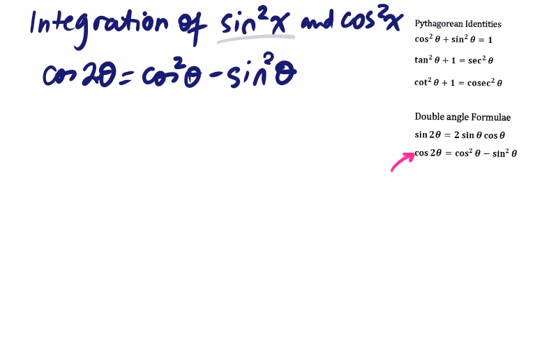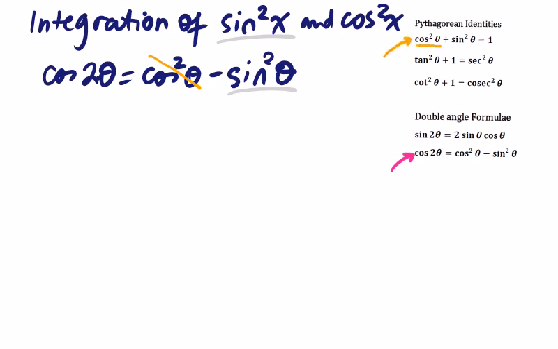So as I said, we want to find an expression for sine squared, and we don't want to have cosine squared, so find a way to replace this cosine squared with a different expression, and that will be right up there in the Pythagorean identities.